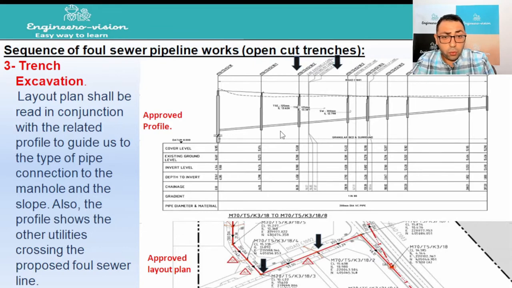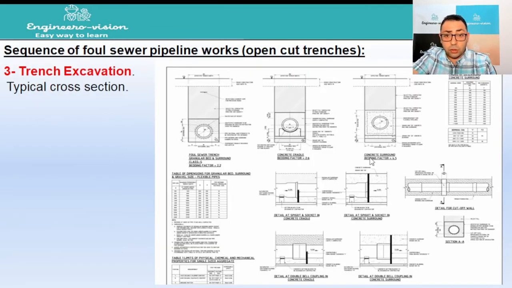Then we'll go to the next slide, which talks about the cross section. The cross section will show you here the dimensions of this trench. The trench width depends on the pipe mainly, and there is a distance or clearance that you have to maintain on the right and on the left of the pipe.